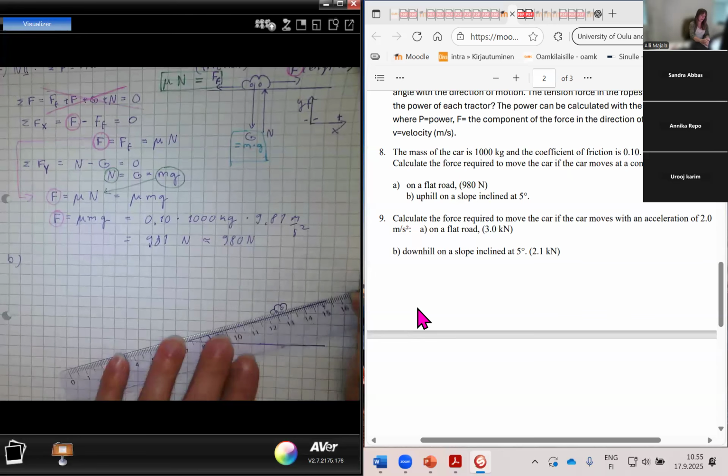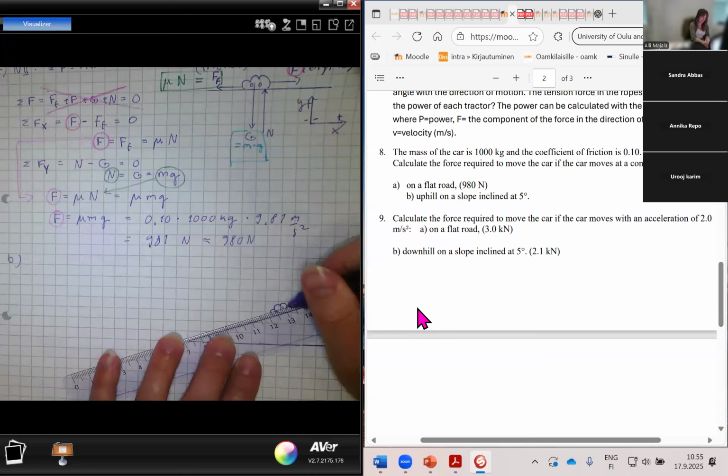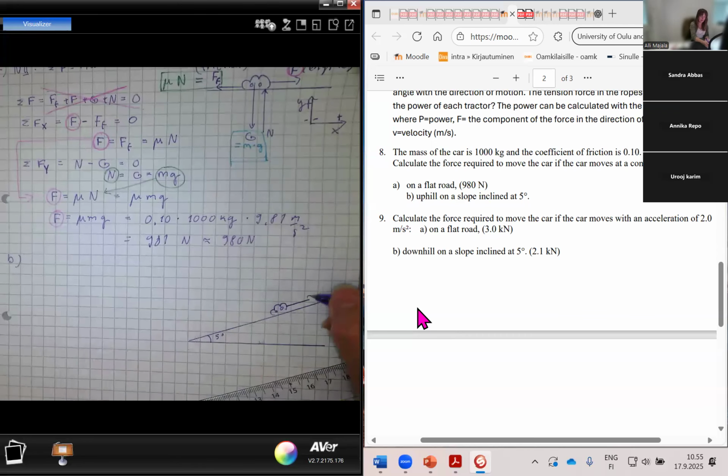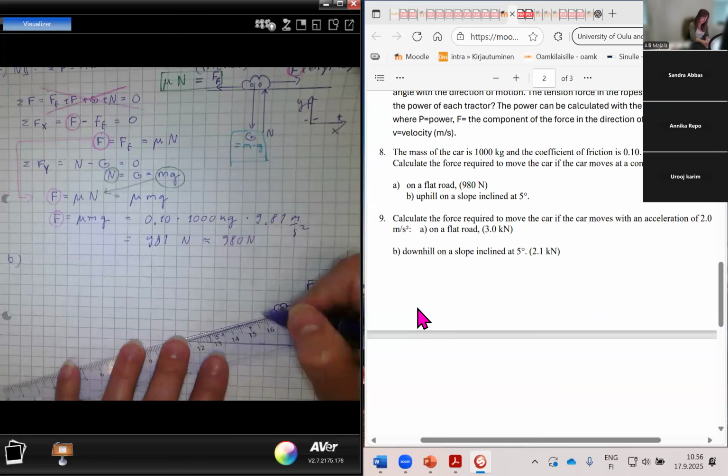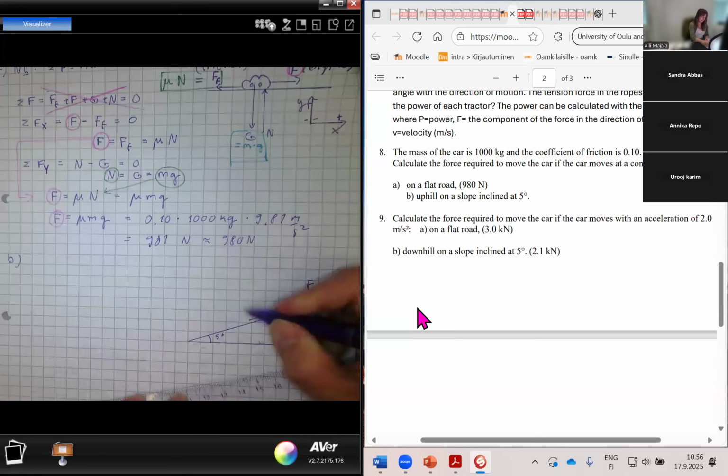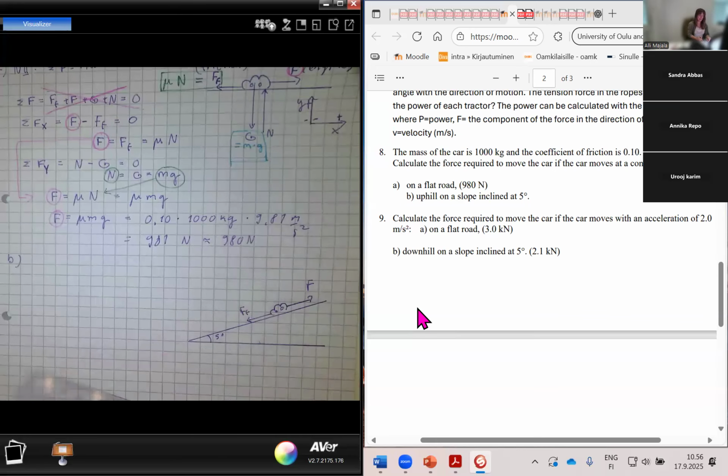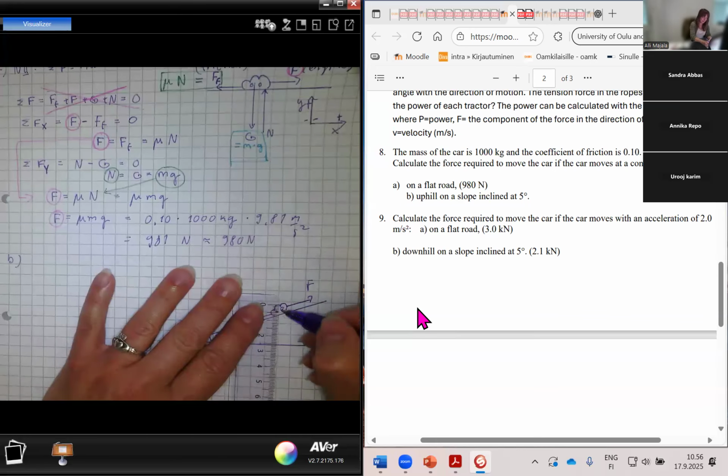And then I would need to calculate this force again. And again, here I have the force. Then I have the friction. Then I have the gravity.